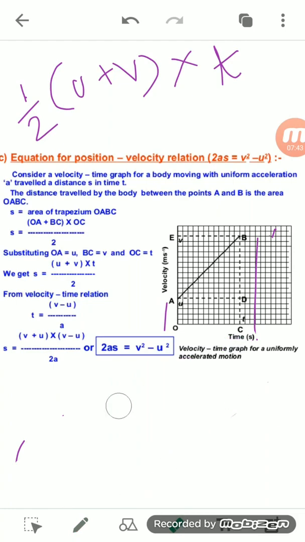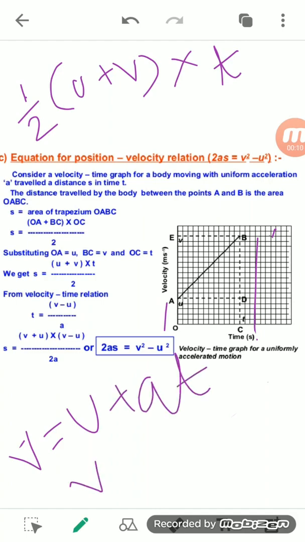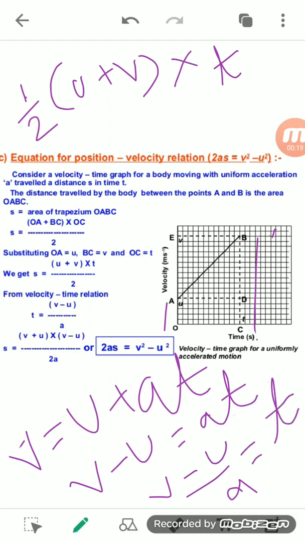Now see here, in the first equation of motion, we studied that V is equal to U plus AT, or V minus U is equal to AT, or V minus U upon A is equal to T. So the value of T is V minus U upon A. So we can put this value in this equation again.